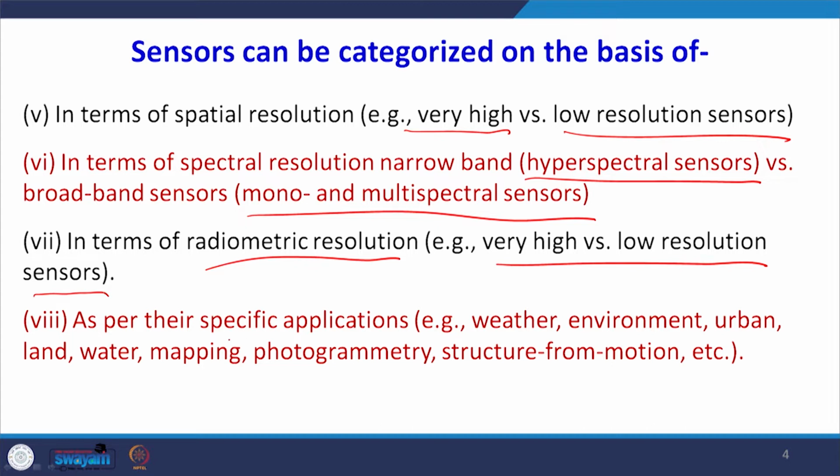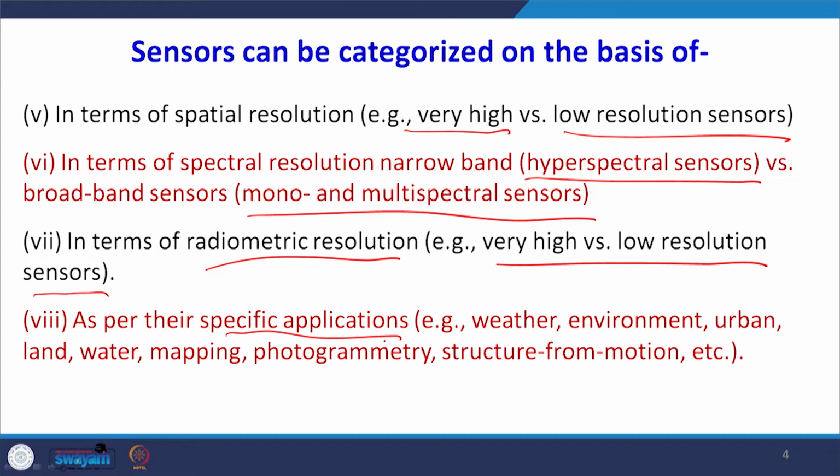And lastly, on the basis of their specific application, whether we are working on weather, environment, urban mapping or water mapping. Depending upon the application, the sensors have been categorized, because there are certain sensors which have been launched specifically for ocean monitoring. There are sensors which have been launched for pollution monitoring and environmental monitoring.